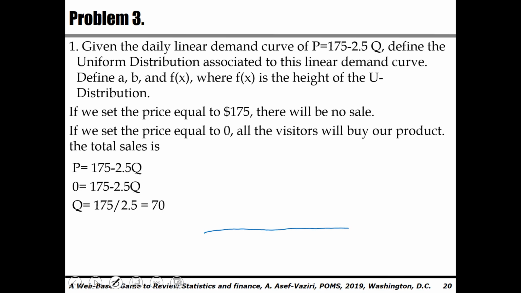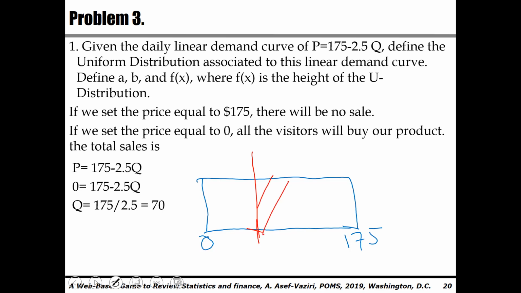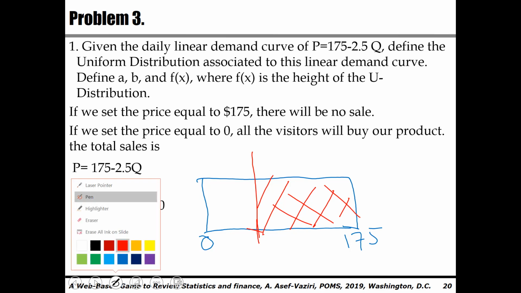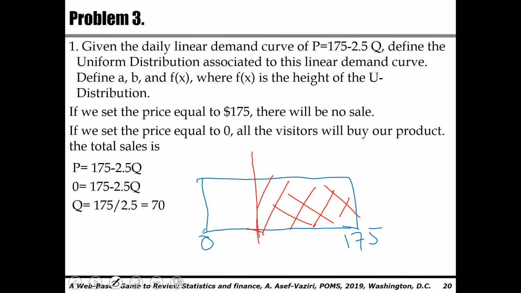Therefore, I can assume that I have a uniform distribution between 0 and 175. If I set the price equal to anything, probability of sales is this right-hand side. Why it is this? Because if I set the price equal to 0, probability is 100%.